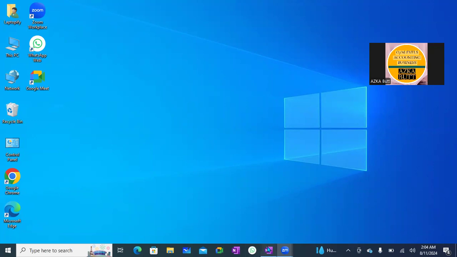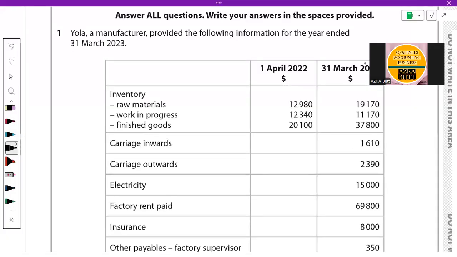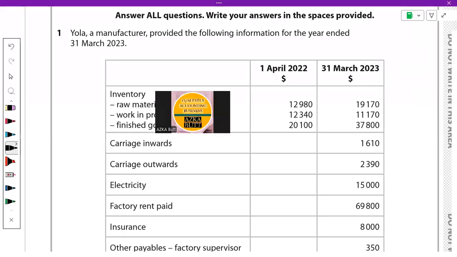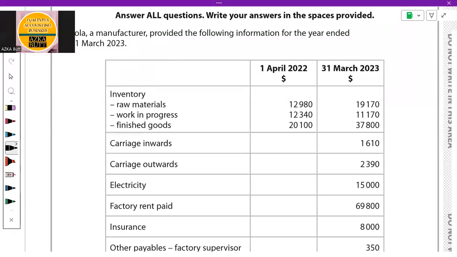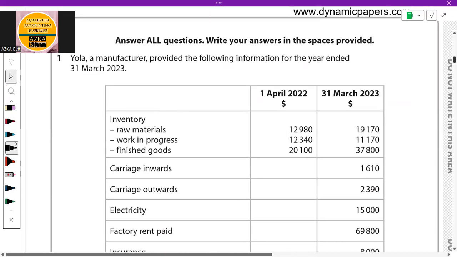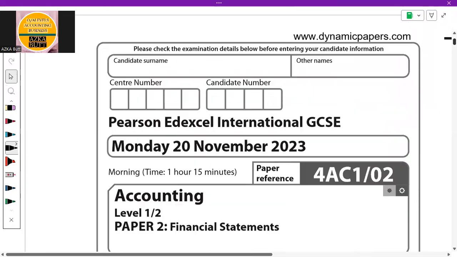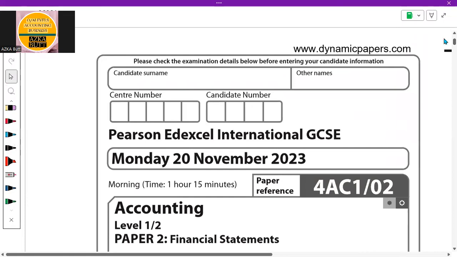So today I have a paper. This is the paper for Edexcel GCSE.